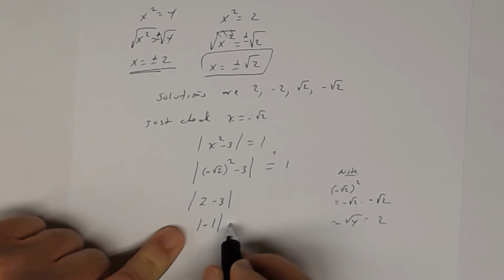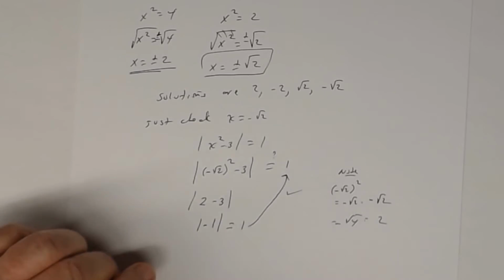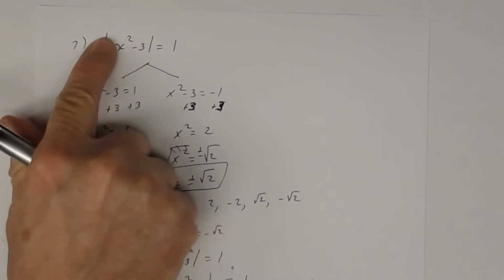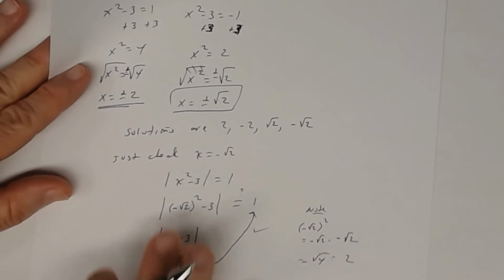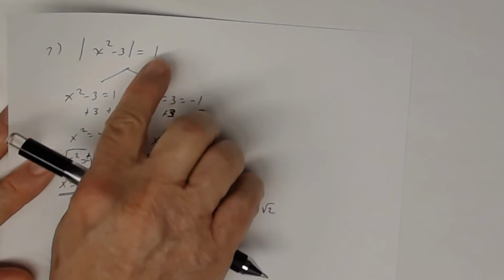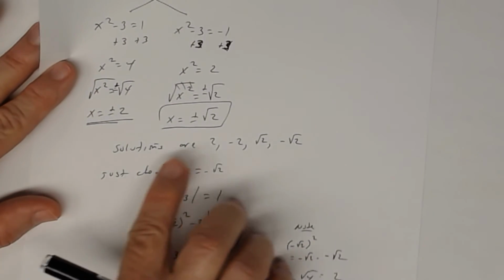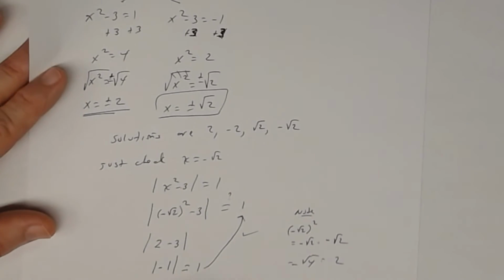And the absolute value of negative 1 is 1, which equals 1. And if you do the same thing for all of the others, this side will equal 1. But remember, if you did all this work correct, as long as this number is positive or 0, then these are your solutions, and you really do not need to check.